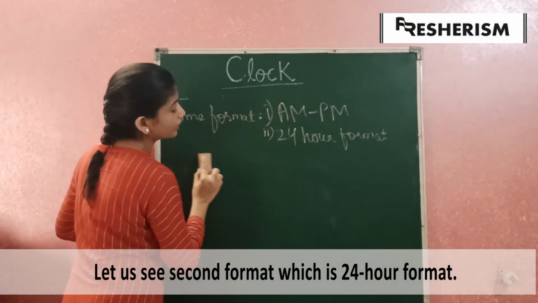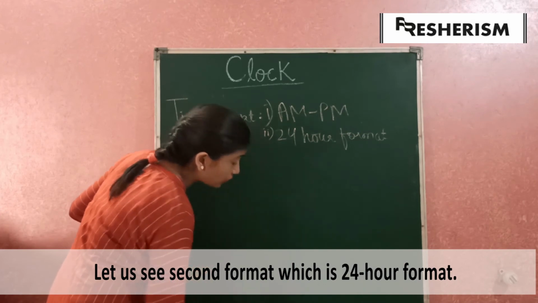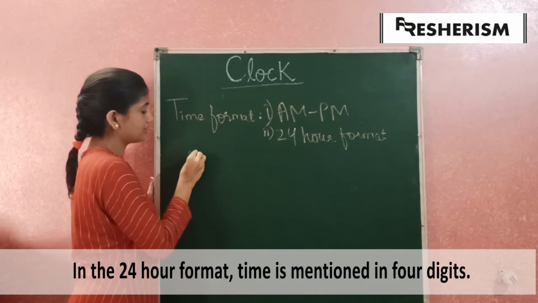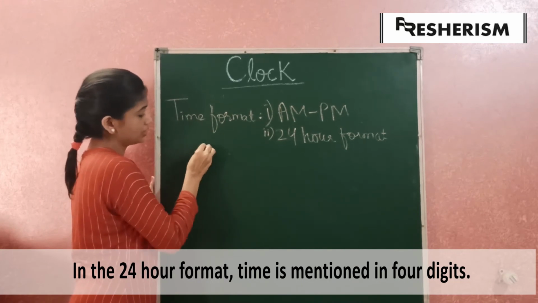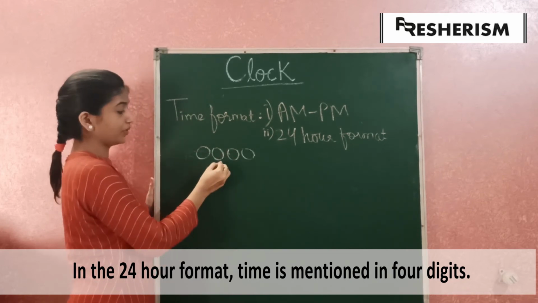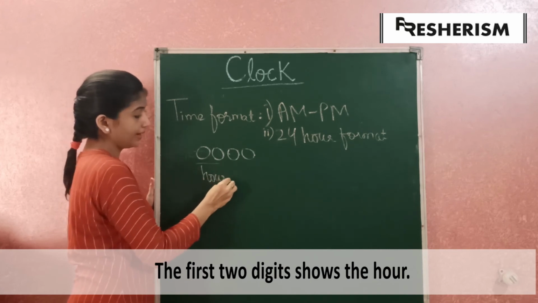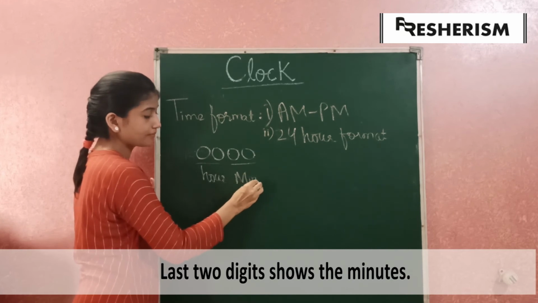Let's talk about the 24-hour format. In the 24-hour format, the time is mentioned in 4 digits, that is 0000. The first 2 digits show the hour and the last 2 digits show the minutes.